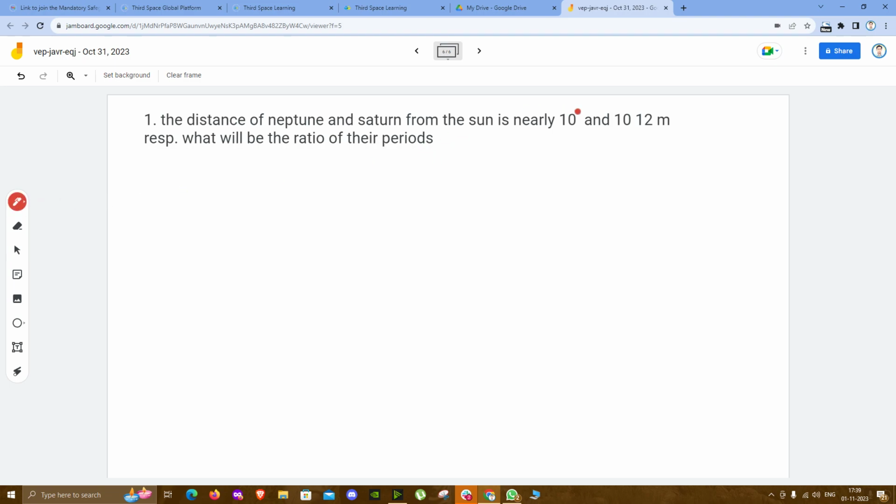So it was 10 raised to power 13 meter, and this is 10 raised to power 12 meter. These are the distances of Neptune and Saturn, given respectively. You need to figure out the ratio of their periods using, I think, Kepler's law of periods. Yes. So please give your answer in the comment section.